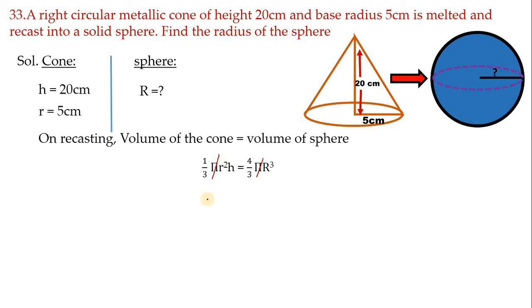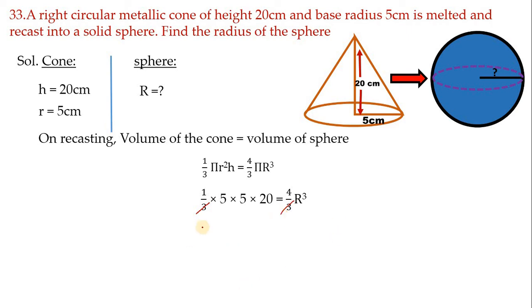Next, let us substitute the values, children. So 1 by 3, you write as it is. The small r value is 5, hence write here 5 square, pi 2 times, and the h value is how much? That is 20. And here R cube. 4 by 3 R cube, you write as it is. For the next step, we can cancel 3 also. The 3 is in the denominator here, and here also 3 is in the denominator, hence 3 and 3 we can cancel.